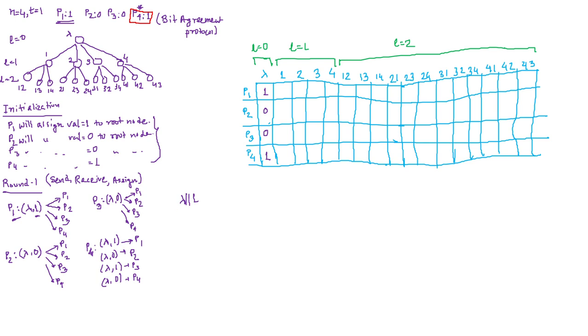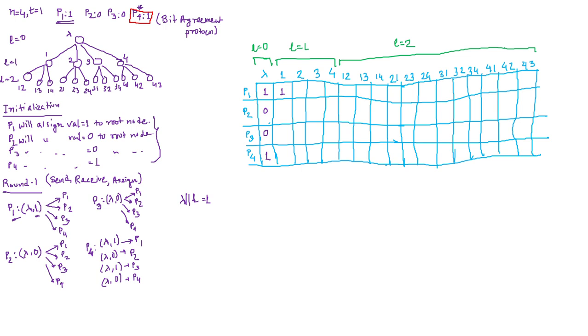Lambda is just an empty string, so lambda concatenated with 1 is nothing but 1. So value 1 will be assigned to the node with label 1 of P1. So in P1's EIG tree, the node with label 1 will have the value 1.